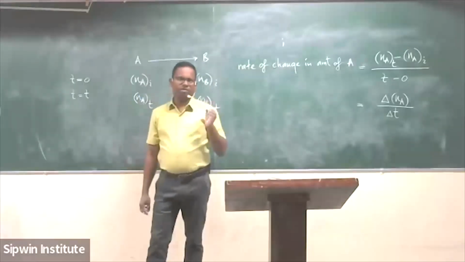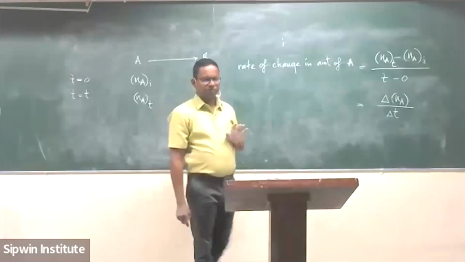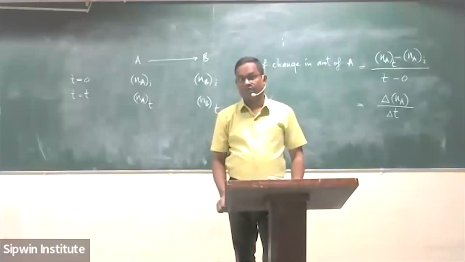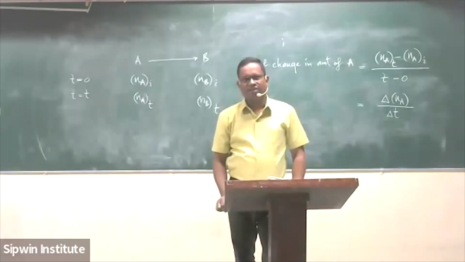In all cases, the rate of the reaction is expressed as a positive quantity. In all syllabus, if you are not writing the negative sign, no marks. Reactants consuming, therefore the minus sign should be there to have the marks.